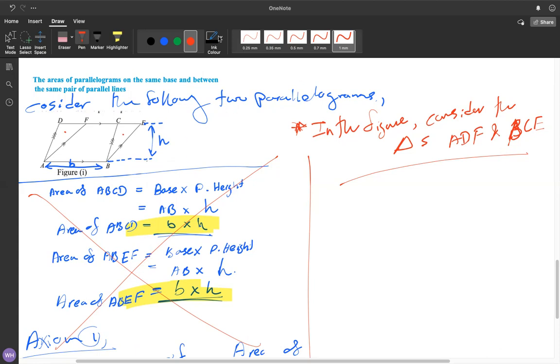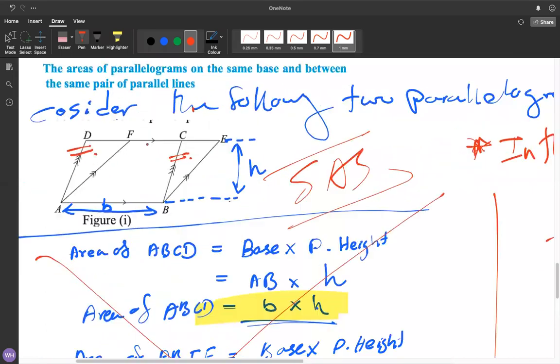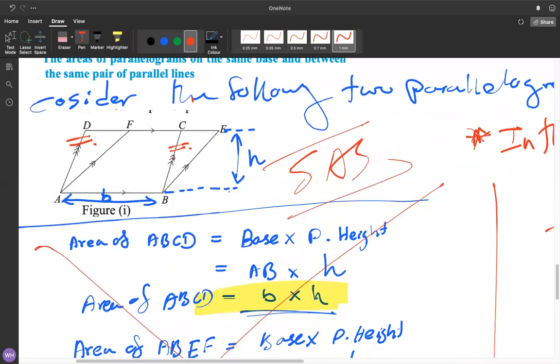Okay. We can make these two triangles congruent under the case of SAS. Right? How? Now if you consider the parallelogram ABCD, this side will be equal to this side, isn't it? Let me zoom it in. Now if you consider these two lines, they will be equal, right? And if you consider the parallelogram ABEF, this line will be equal to this line.